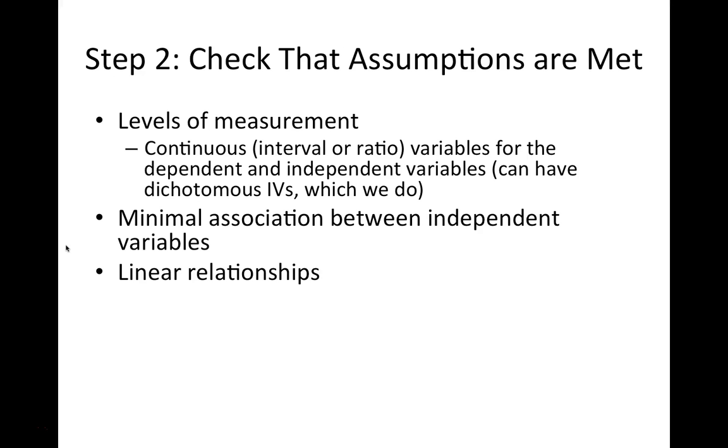But we did also determine that there is a linear relationship between that continuous independent variable of self-esteem and our continuous outcome variable of contraceptive self-efficacy. There won't be a linear relationship between gender and contraceptive self-efficacy because it's a dichotomous variable. We don't think about linearity in the same way as we do with continuous variables.